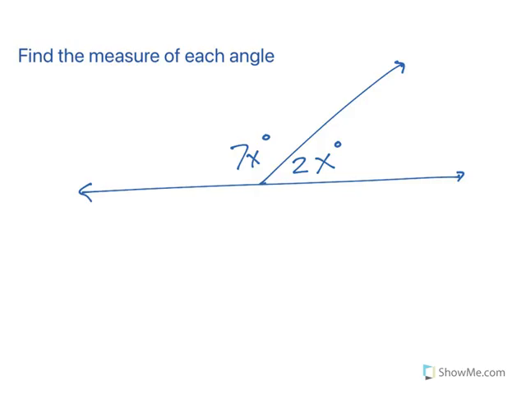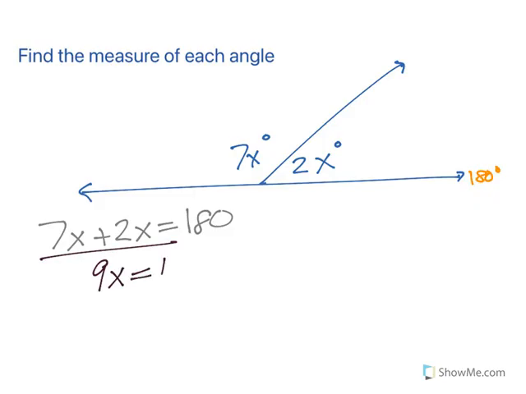And the last one, let's find the measure of each angle given a straight line, which we know is a straight angle of 180 degrees, and it's broken down into two angles, 2x and 7x. So I know that 7x plus 2x, because those are the measures of the two angles, must equal 180. Again, let's use our algebraic properties. 7x plus 2x is 9x, so 9x equals 180.